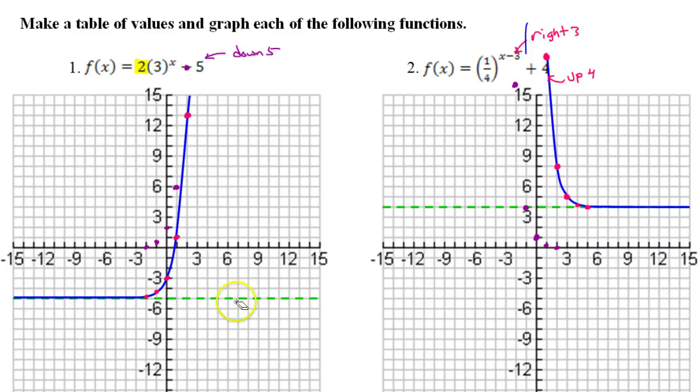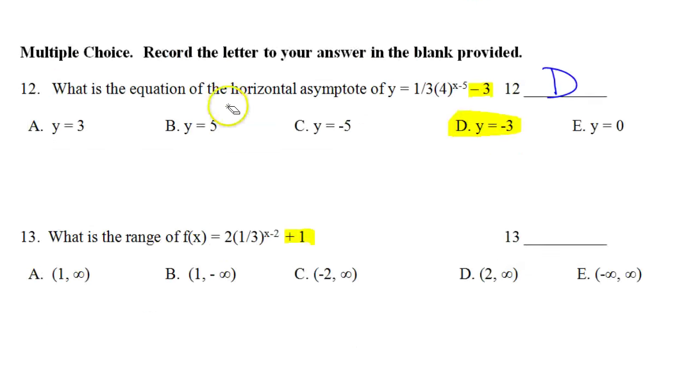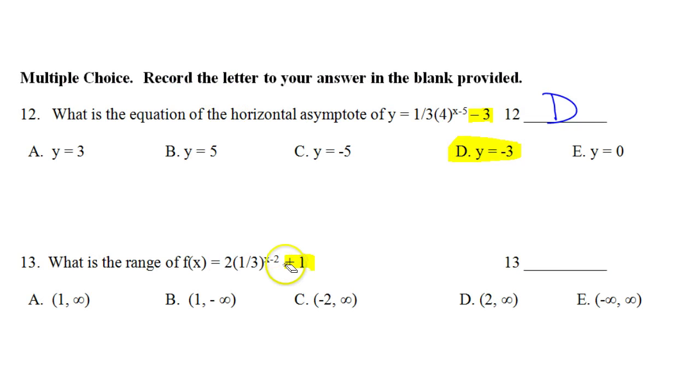If the asymptote was -5, and as long as there's no reflection, then the range will be -5 to infinity. So on this one, the range will be from 1 to infinity. So that is A.